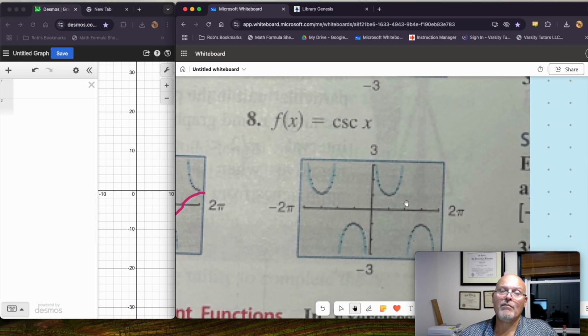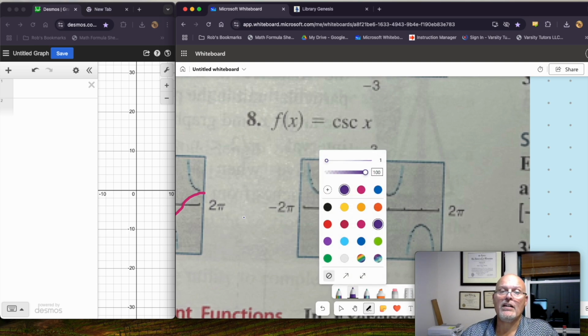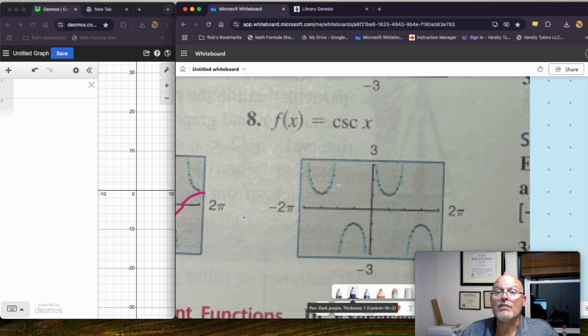Cosecant is going to be the same thing except for sine, and so the function of sine starts at 0, comes up to 1 at pi over 2, back to 0, and then at negative 1 at 3 pi over 2, and then back to 0 at 2 pi.